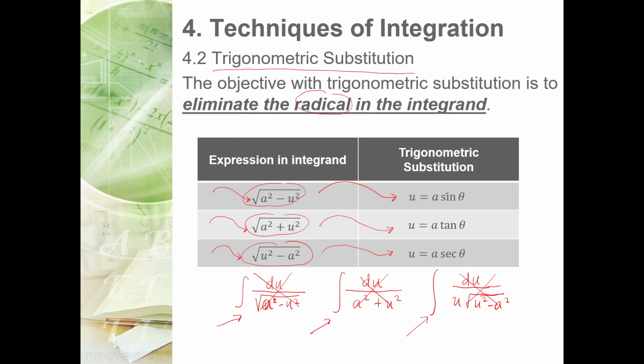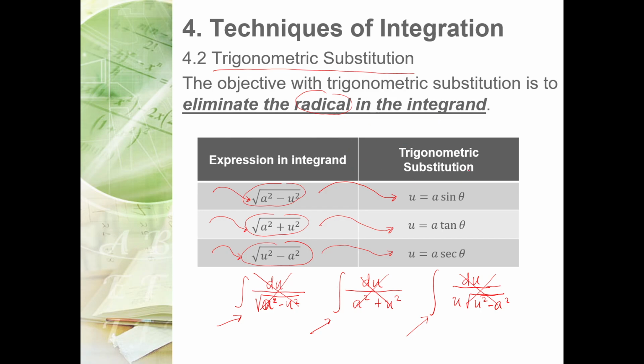So it's the same as the inverse, but in the inverse it's arc sine theta, arc tangent theta, and arc secant theta. So I think it's easy to memorize, or easy to recall, because again, it's similar with inverse trigonometric functions.